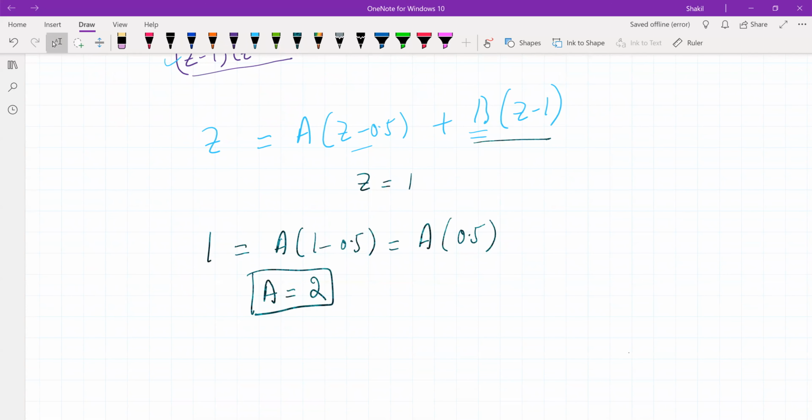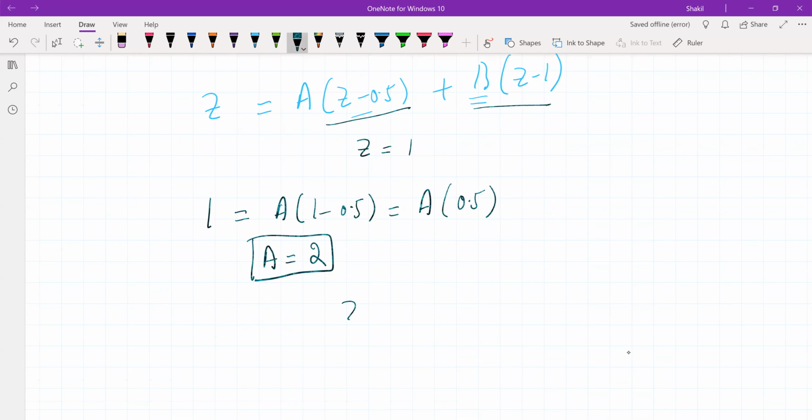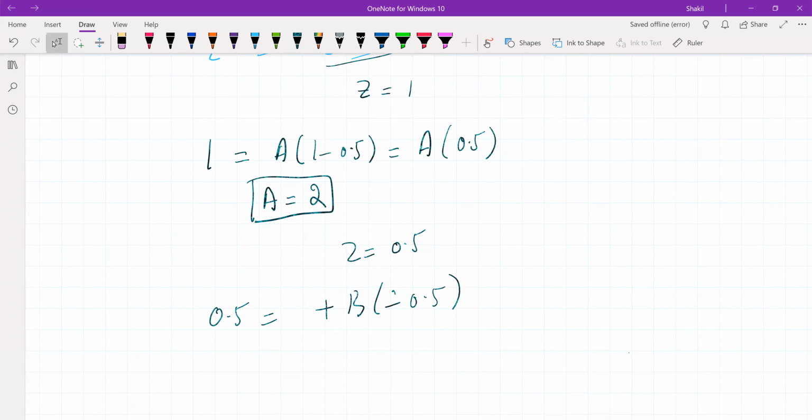Same way to compute the value of b, we make this term equal to 0. In other words, we set z equal to 0.5 in this. So we are left with 0.5. This term is gone. So we will be left with 0.5 minus 1 is minus 0.5, so b equals 0.5 divided by minus 0.5. Again half, but minus.